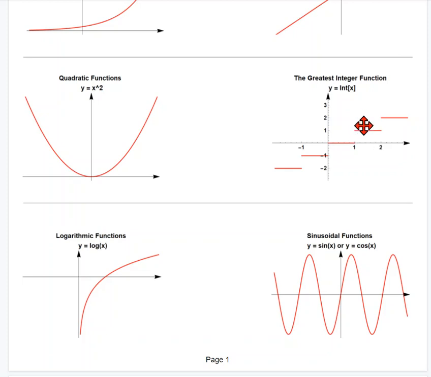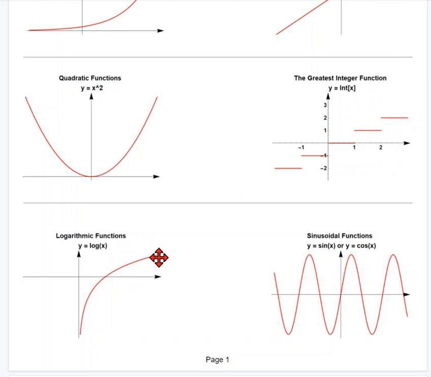But if I have an input from 1 to 2, the output will be 1. It is important to note that sometimes the greatest integer function is called the floor function. If the input is an integer, the output is that same integer. So at 2, the function is actually equal to 2, but at 1.9, the function would equal 1.